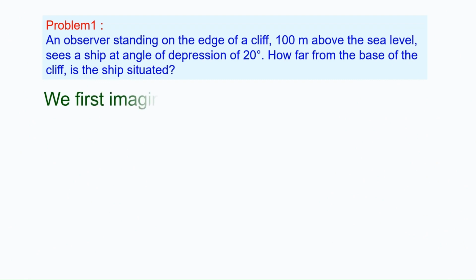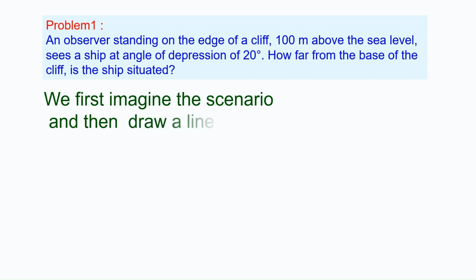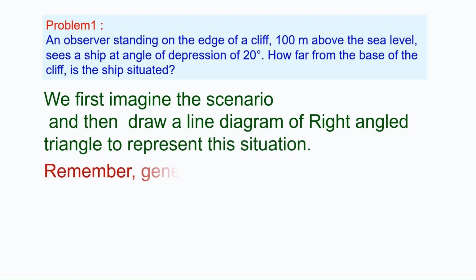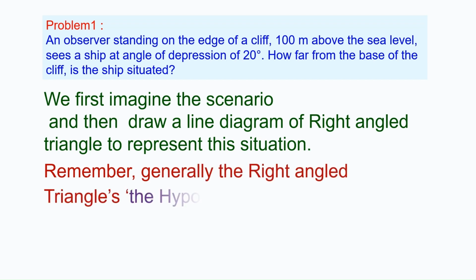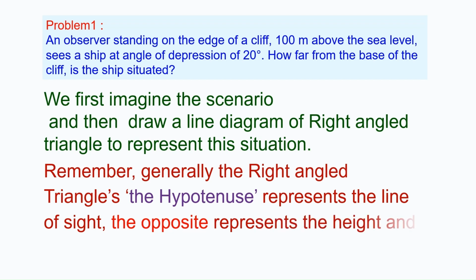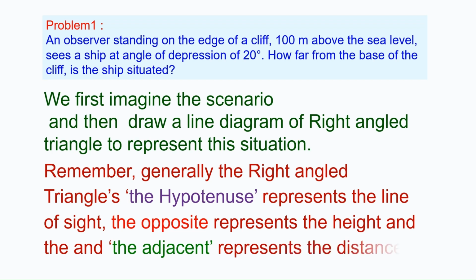After learning the problem you are going to solve, we advise you to imagine the scenario on the ground and then draw a line diagram of an equivalent right-angled triangle to represent this situation. Remember, generally, the hypotenuse of the right-angled triangles represents the line of sight, the opposite represents the height, and the adjacent represents the distance.